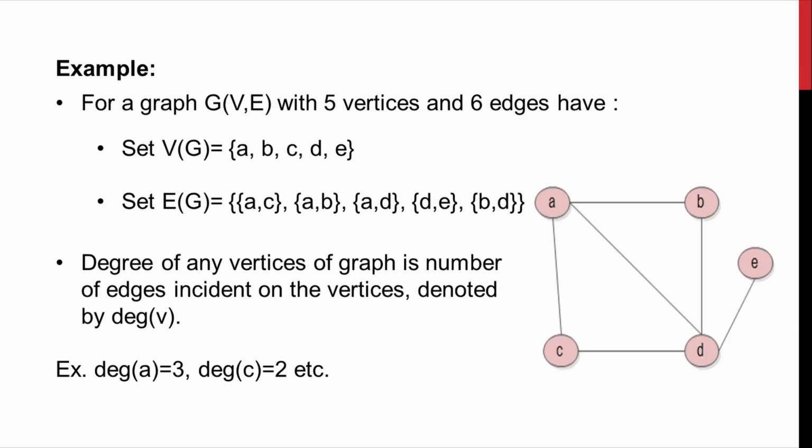So here we have an example of a graph. Here we have graph G with the pair of V and E. V is a set of vertices and E is a set of edges, with 5 vertices and 6 edges.